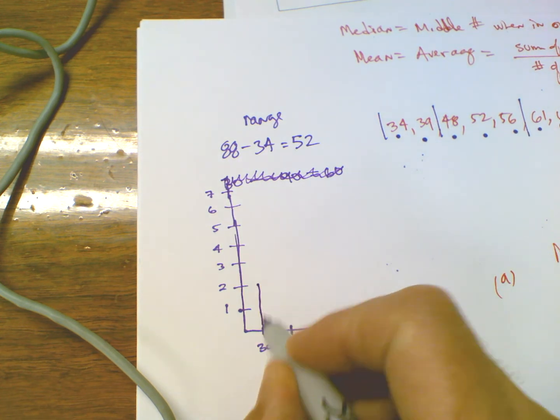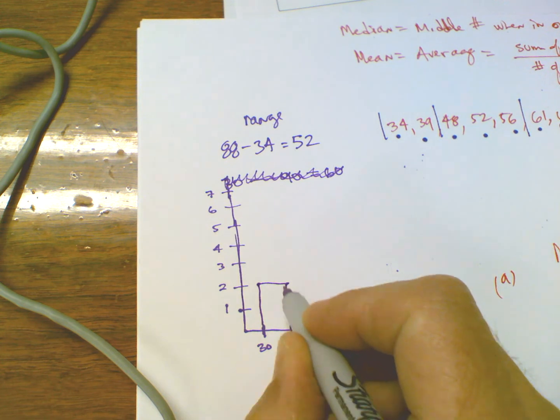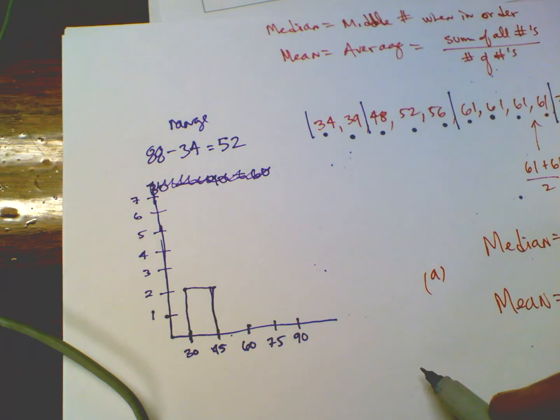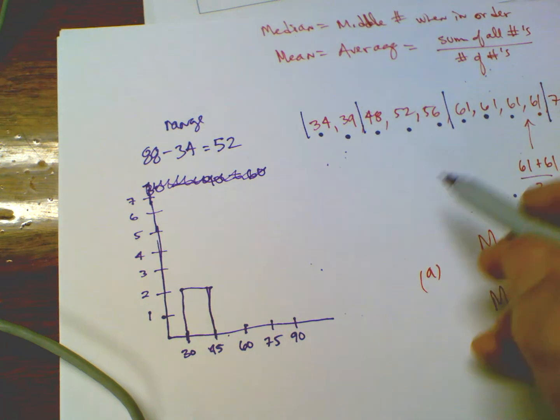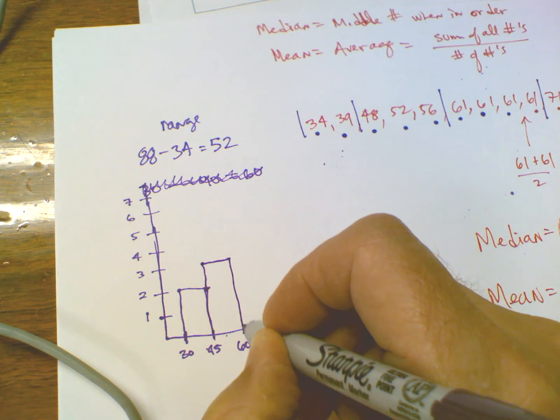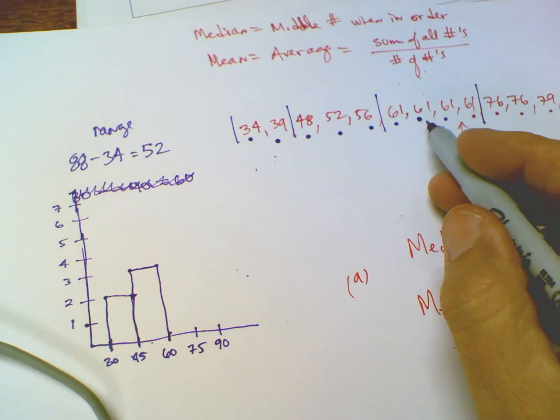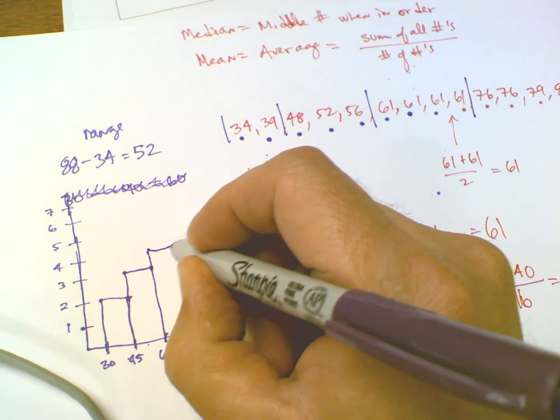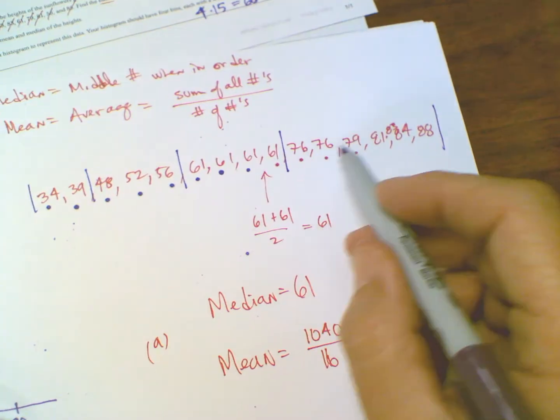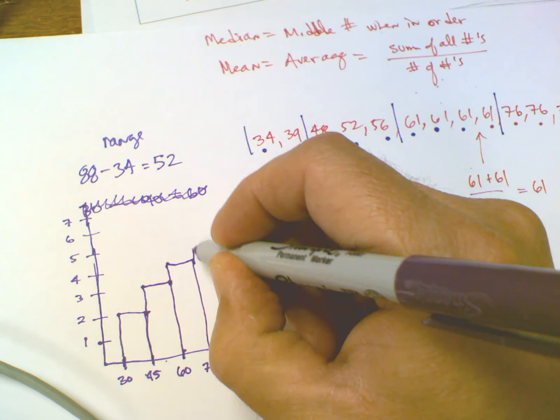So I'm going to build my histogram like such. There's 1, 2. And then I have another one that has 3 numbers in it. So I can go up to 3. And then the next bin has 4 numbers. So I'll take it up to 4. And my last bin had, what did I say, 7? Yes, 7 numbers. So I'll take that all the way up to 7.